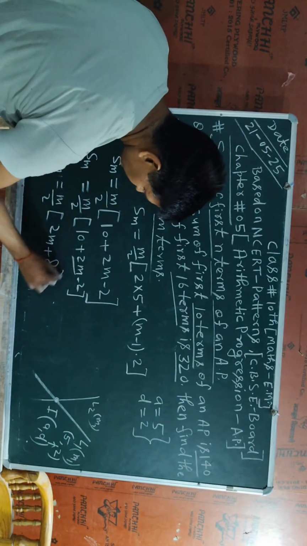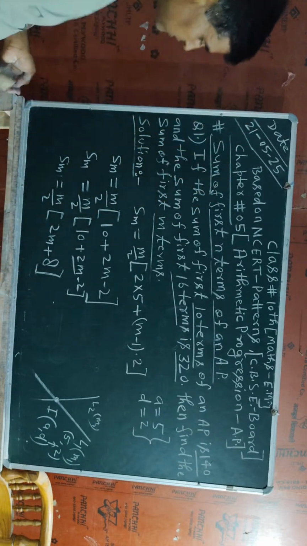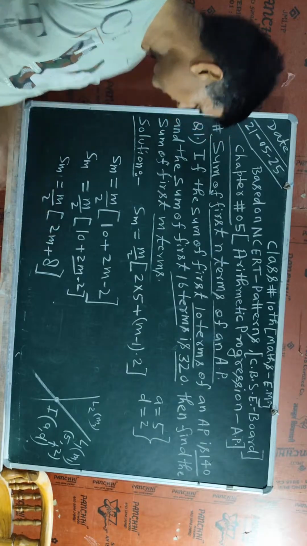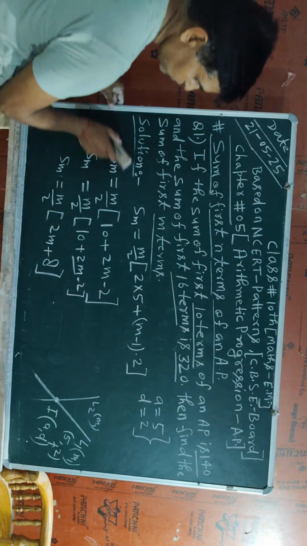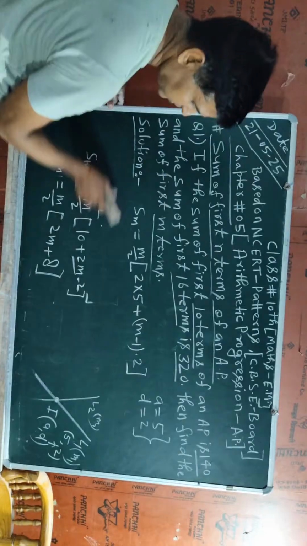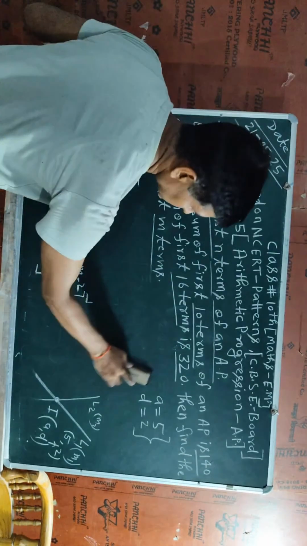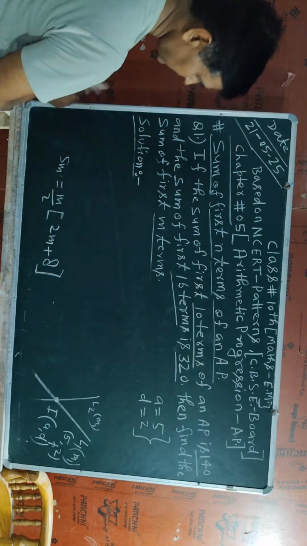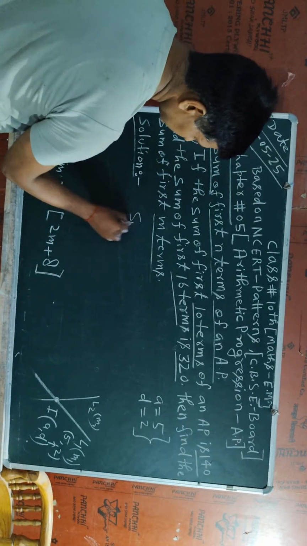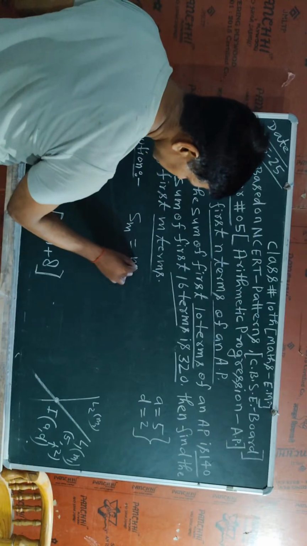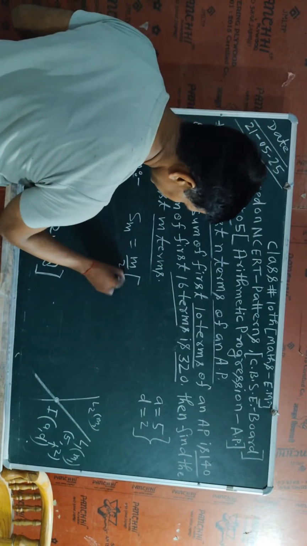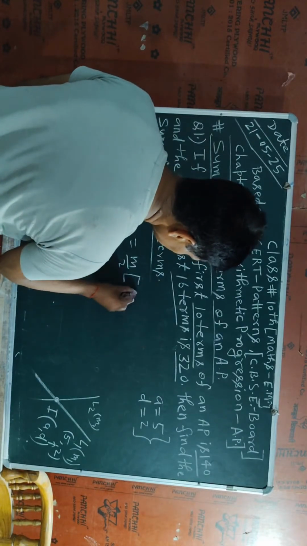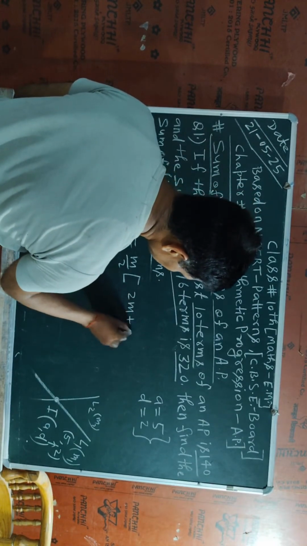So I have to put 8. Now I want to simplify it, so I am going to delete the above data. After simplifying, Sm is equal to m divided by 2, into 2m plus 8.